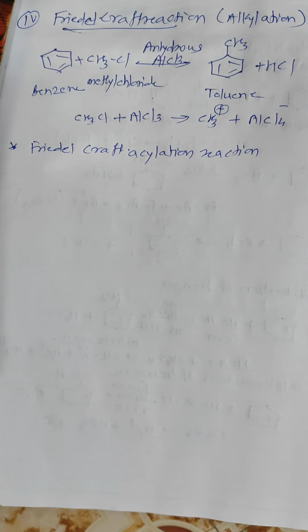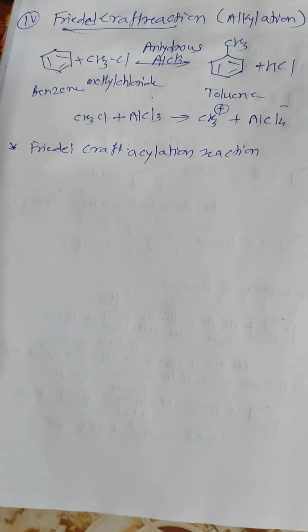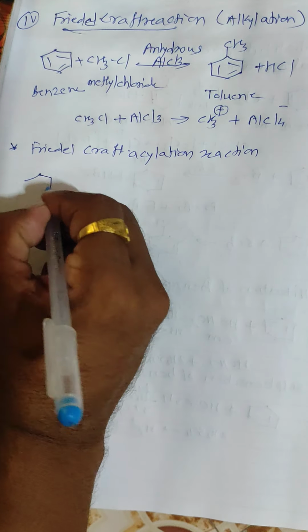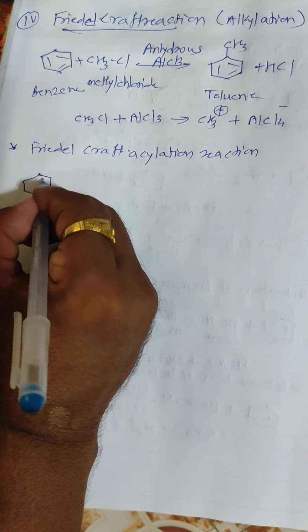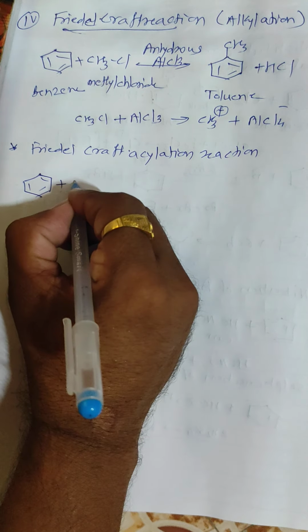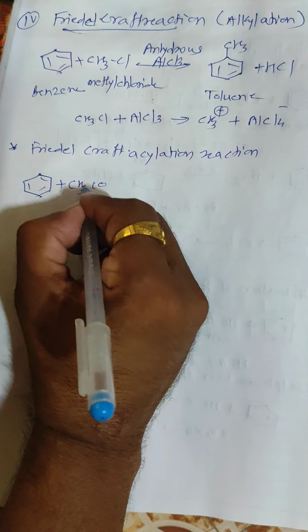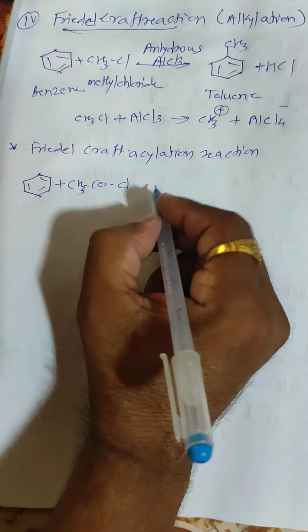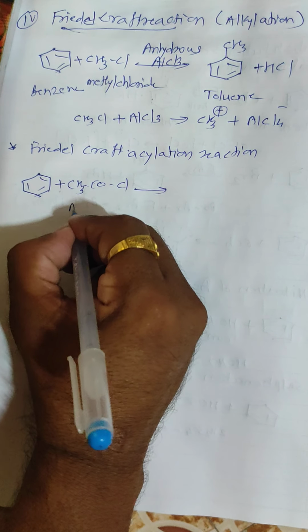In this reaction, benzene is treated with acyl chloride to form the corresponding acetophenone, or phenyl ethane. Now the reaction: benzene is treated with CH3COCl. The name of this compound is acetyl chloride.